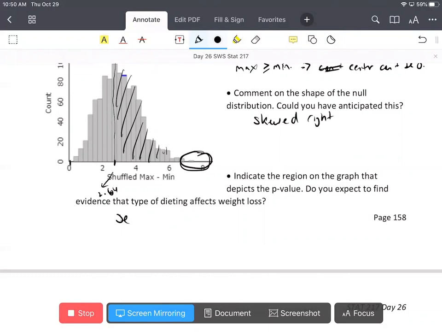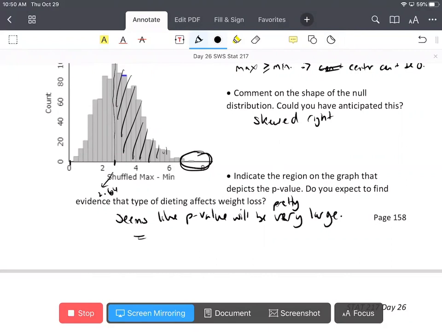Seems like the p-value will be very large, or pretty large, you could say either one. They're going to be large.